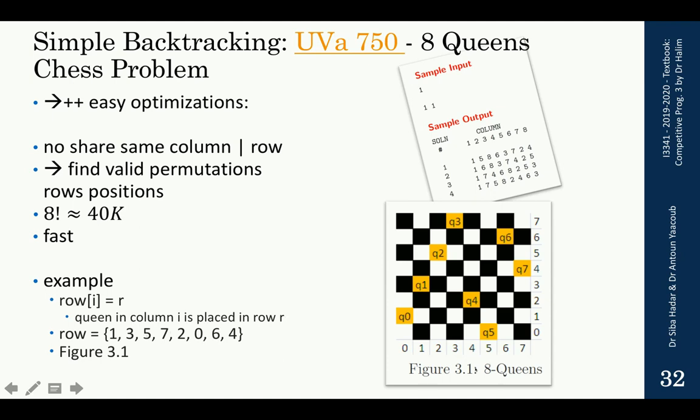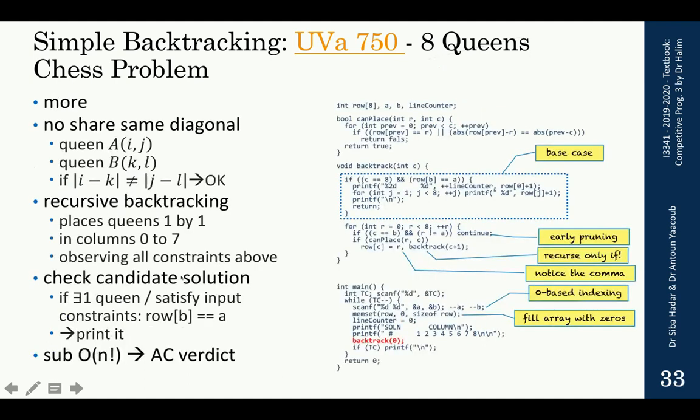For example, in figure 3.1, the row numbers are 1, 3, 5, 7, 2, 0, 6, and finally 4.